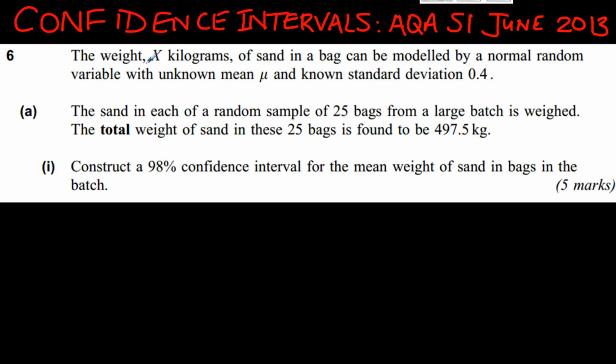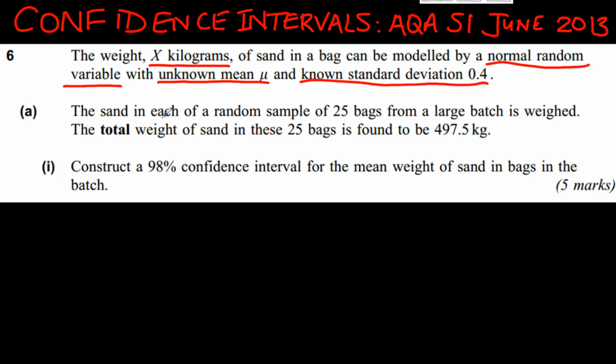The weight, x kilograms, of sand in a bag can be modelled by a normal random variable, so that's normal, with unknown mean, and with known standard deviation of 0.4. So that's our background information.